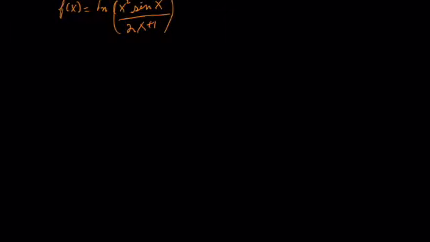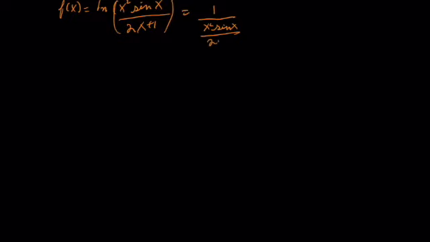What do we see going on here? Not only do I have to use the derivative of a natural log, where I put everything under 1, I also need to use the quotient rule and the product rule.